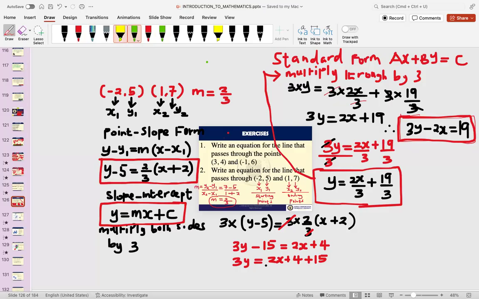That this equation you are seeing here, the one I'm coloring yellow, y minus 5 is equal to 2 over 3 into brackets x plus 2, is the same equation you are seeing here as 3y minus 2x is equal to 19.